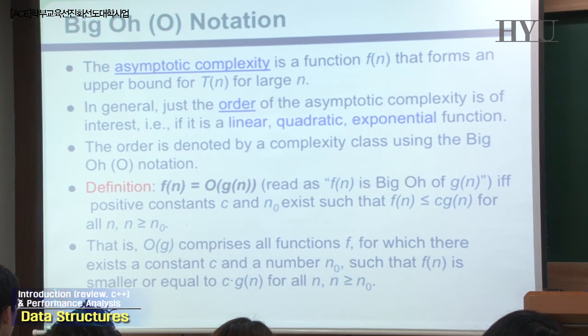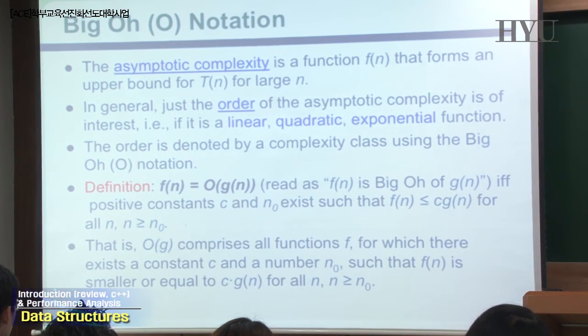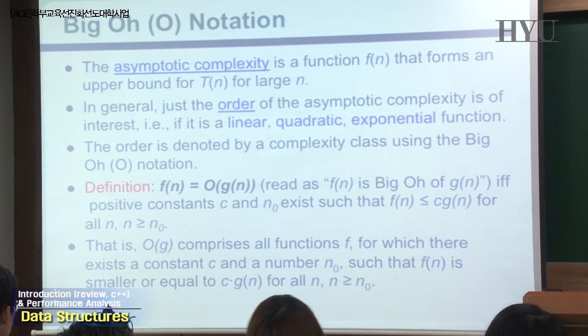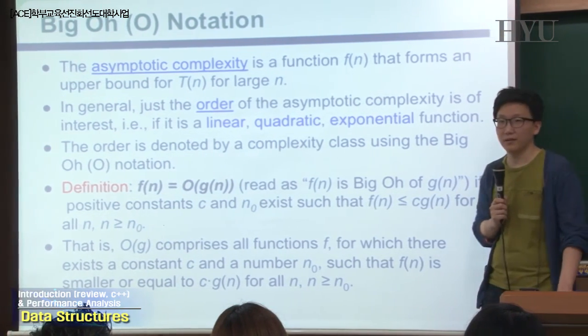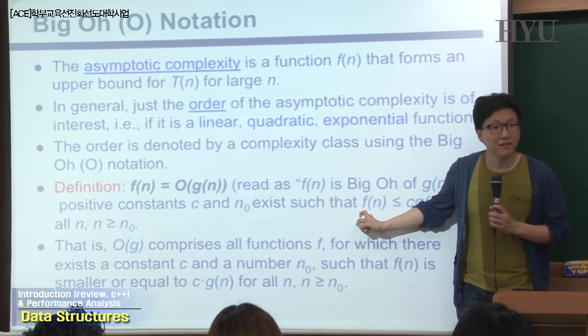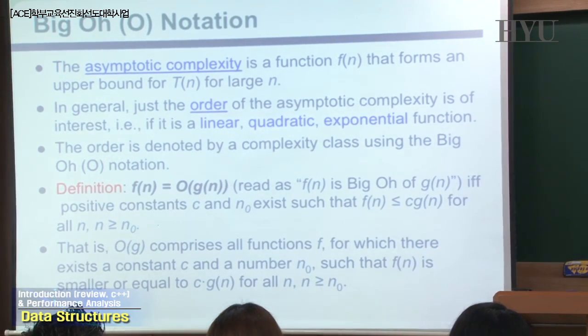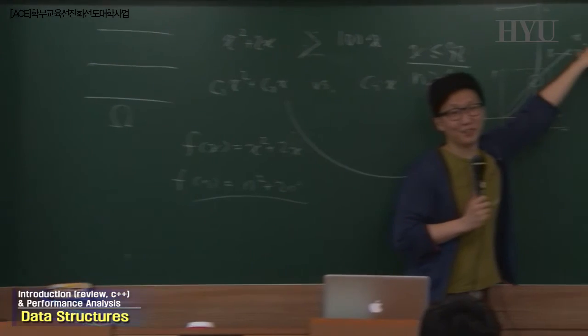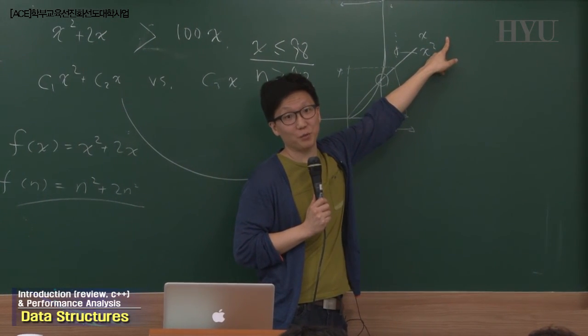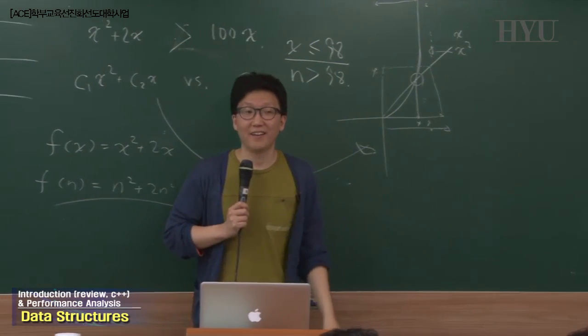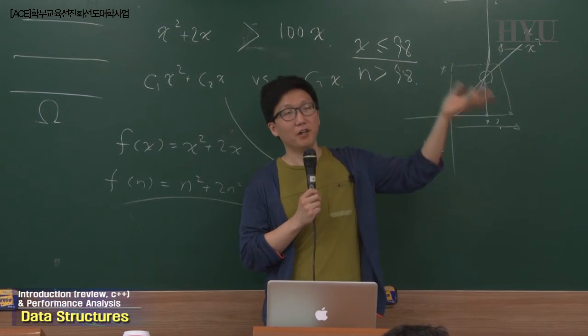Positive constants C and n0 exist such that F(n) is less than or equal to C times G(n) for all n greater than or equal to n0. This is exactly what I said here. As n goes to infinity, certain values, the actual function values will be less than the bigger function, n squared.